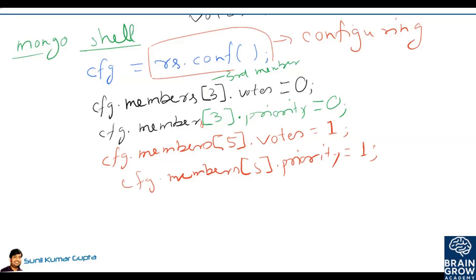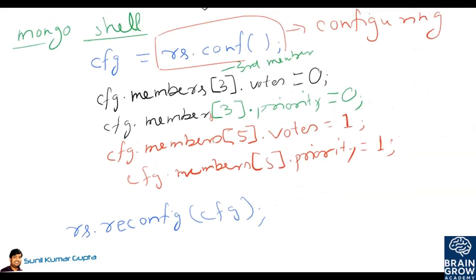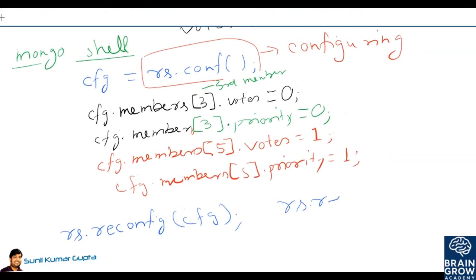For reconfiguring we can use rs.reconfig. It is another method, and we can pass this cfg here. So you can write it like this. rs.reconfig is another method to reconfigure the priorities and votes for our members.